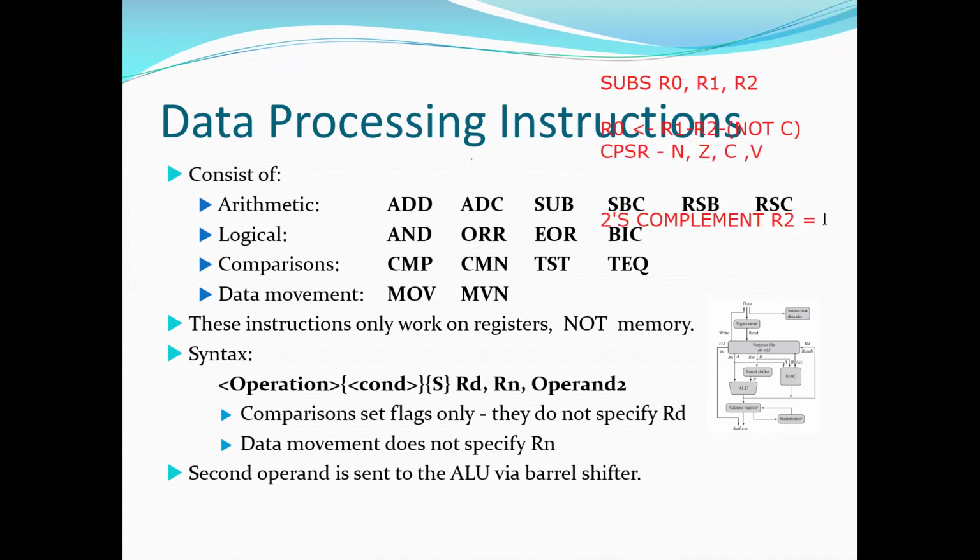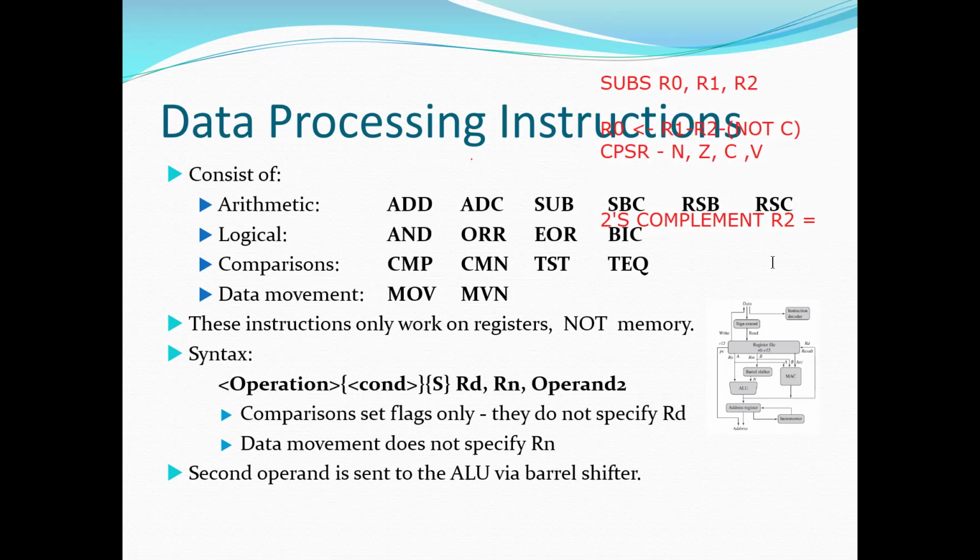This minus R2 is added to R1 to get my R1 minus R2. That's why the carry that we are getting is not the borrow. It is the complement of the borrow.